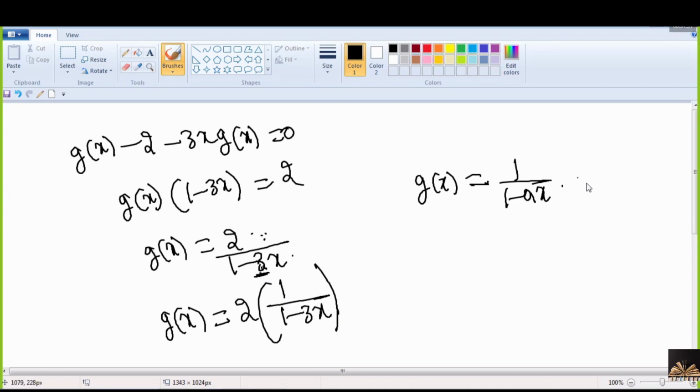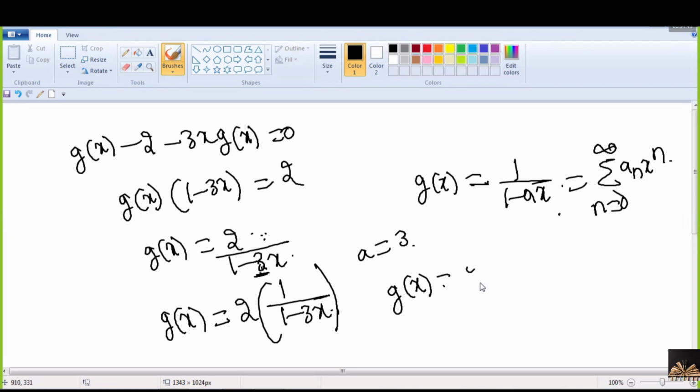Right? So you can write this as summation of n equal to 0 to infinity a n into x power n. In this case, your a value is 3. Therefore, you can write this g of x as 2 into summation of n equal to 0 to infinity 3 power n into x power n.